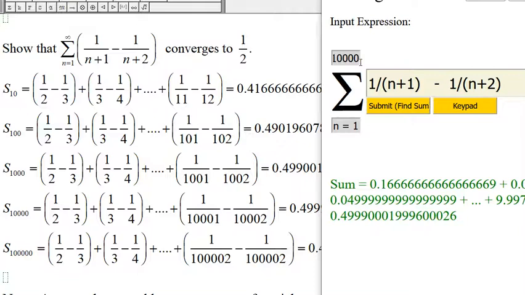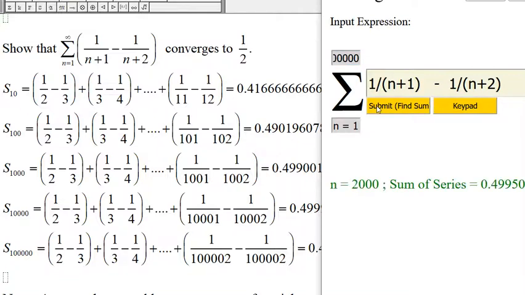And now let's add the first 100,000 terms together.